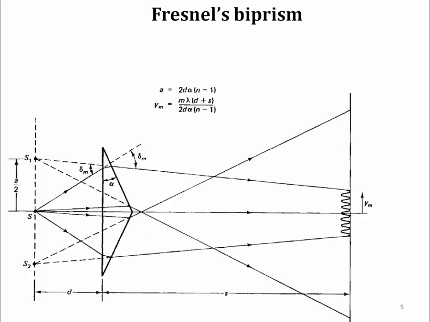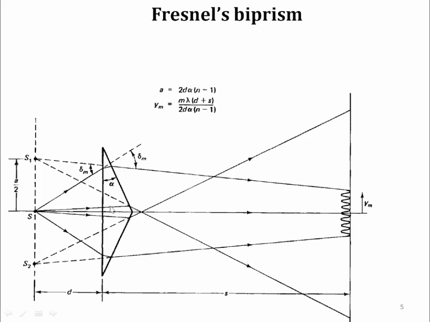This is also an arrangement in which we can produce an interference pattern, and basically Fresnel biprism is nothing but a prism which is made up by joining two prisms. That is why it is called biprism. This angle alpha is very small, close to 0 degrees, and this angle is close to 180 degrees.